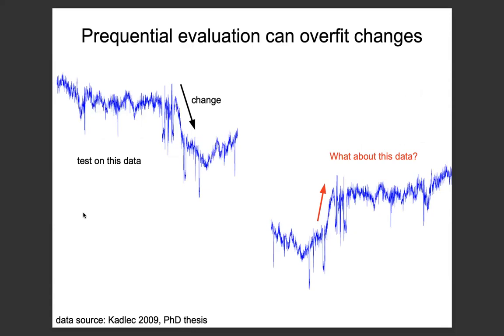This is also from our work in a chemical production plant. This is the original data, and we see that some change happens here that we would potentially want to adapt to. Suppose that this is our prediction target. The input features are not shown here. Suppose that we have two kinds of concepts.